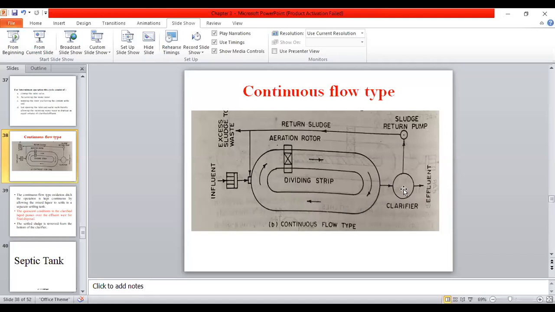The mixed sludge will go to the next, that is the clarification process. In the clarification, settling of sludge occurs and the supernatant liquid will be removed as effluent. Then the settled sludge will be removed, and some amount of sludge will be returned, known as the return sludge, and it will be added into the same tank, that is the oxidation ditch.